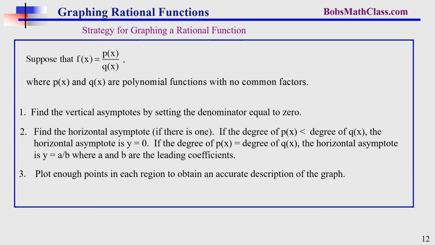And then here's step 3. Plot enough points to obtain an accurate description. How many is enough? Whatever you think enough is to get a decent graph. Might be just a couple, maybe about 4. And then draw it in. Try to show the function approaching the asymptotes.